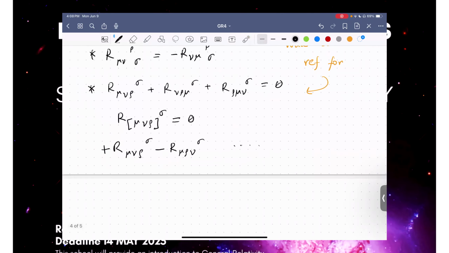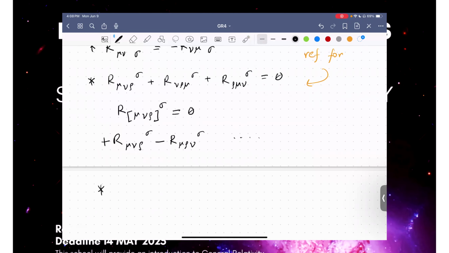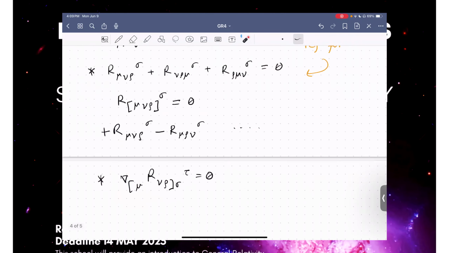And the reason that I am introducing this notation is that the next formula is most easily written as follows. So now there's a covariant derivative of the curvature tensor, and again, you antisymmetrize these three indices.